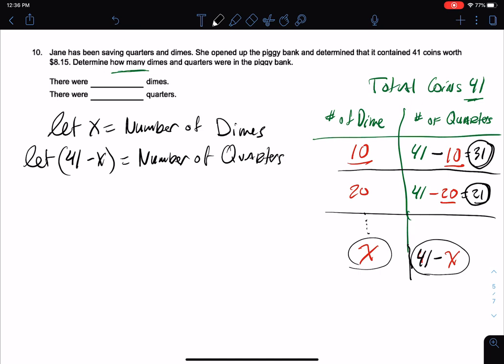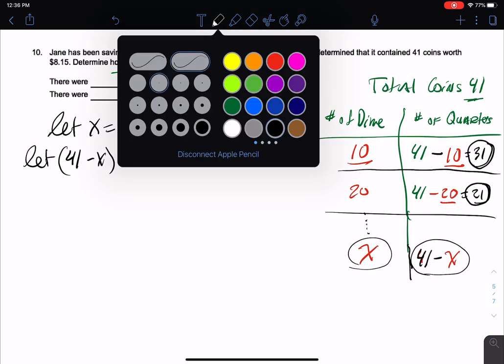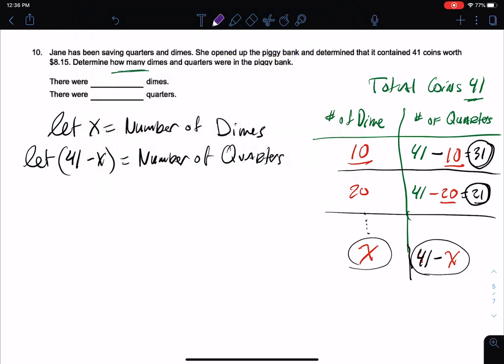Let's see, the next piece we want is the value of this. Let's use another color, purple. We already covered the 41 coins, the total number of coins, but now that's the value.